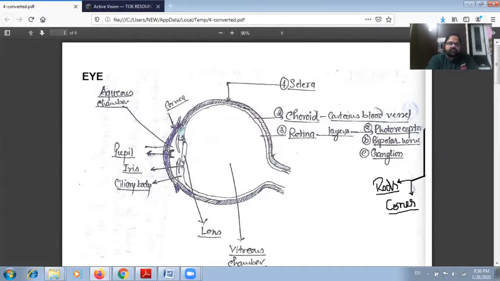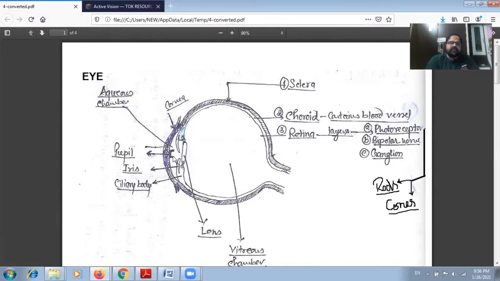This iris makes an aperture through which the lens is placed, and this iris is the structure which is present between the cornea and the lens. This aperture is called pupil.